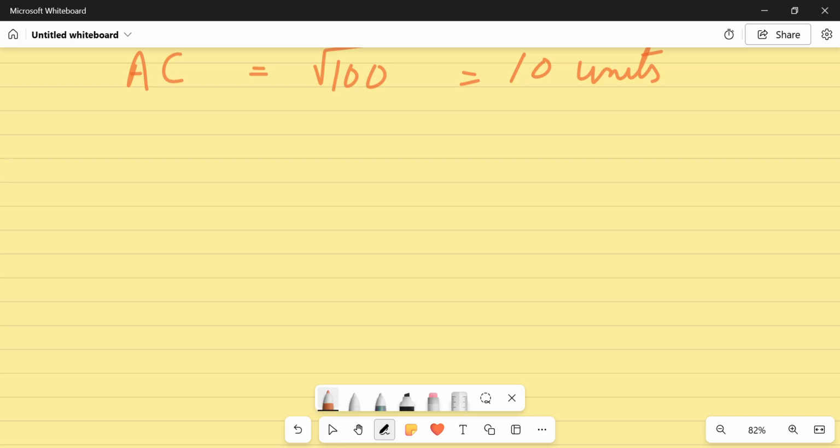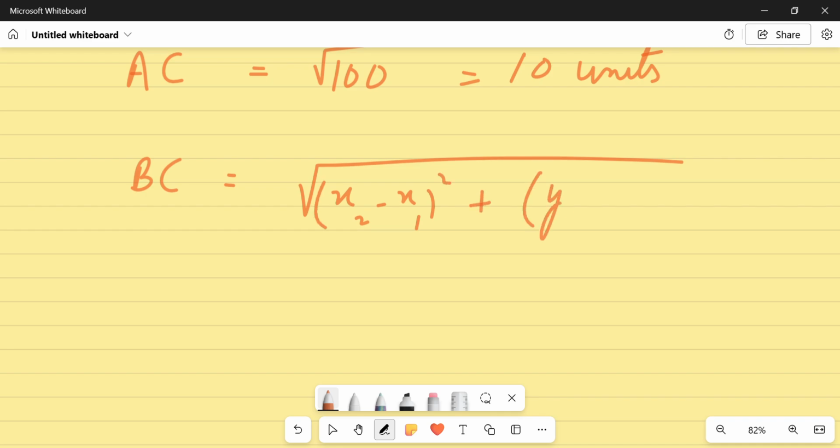BC is the last line segment of the triangle. Same formula: x2 minus x1 the whole square plus y2 minus y1 the whole square, right? Now substitute the values.